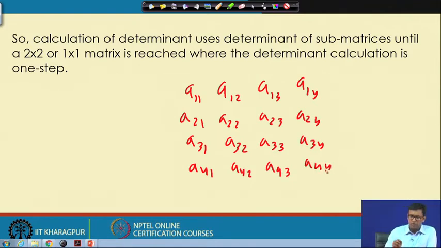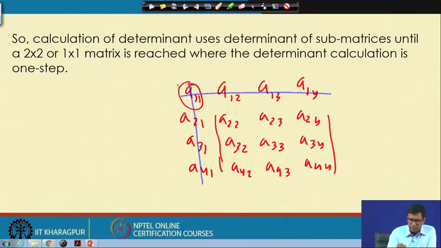In order to calculate its determinant, first I have to delete, say for example, the first row and first column, and I get a minor matrix, and then I have to calculate the determinant of this minor matrix and multiply with minus 1 to the power i plus j and multiply with this particular row element, which is the 1 1 element, and then I will take each other term of the row and calculate their minors and cofactors subsequently.